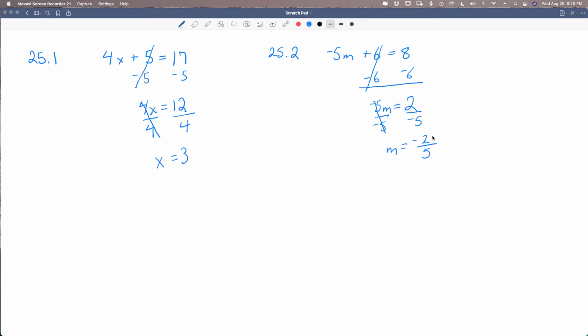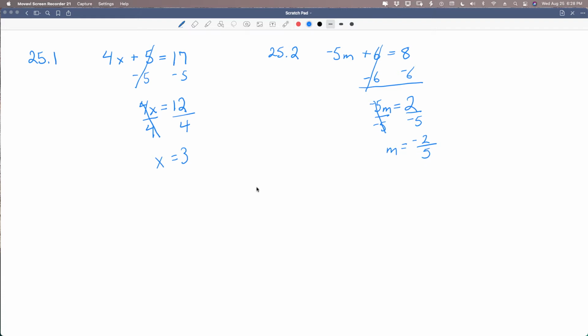Alright, so if you got m equals negative 2/5, then you got the right answer. So we subtracted 6 from both sides, then we divided both sides by negative 5, and know that you cannot have a negative in the denominator. It must move to the numerator.